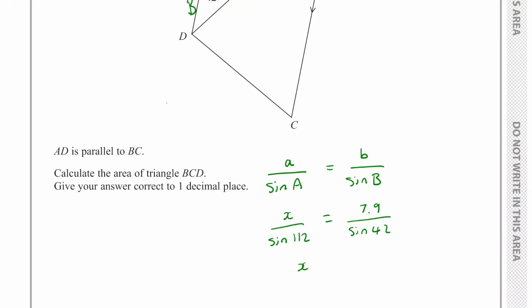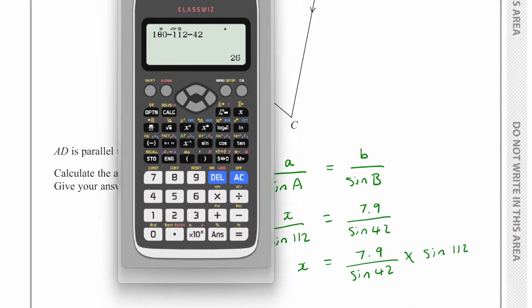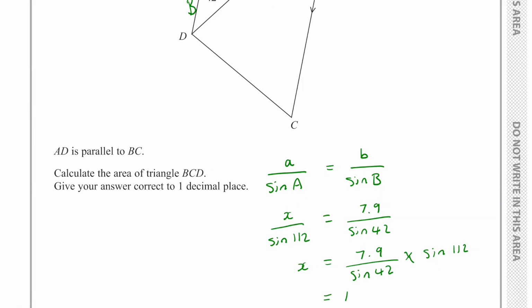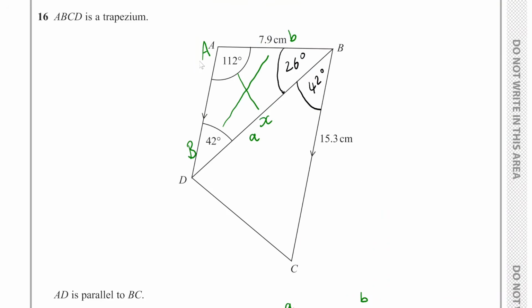So to get x by itself, we're going to times both sides by sine 112. 7.9 over sine 42 times sine 112 gets us to 10.95. So x is 10.95. So that is this length here.